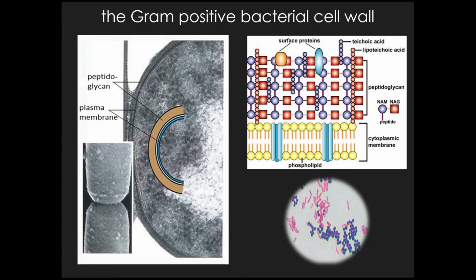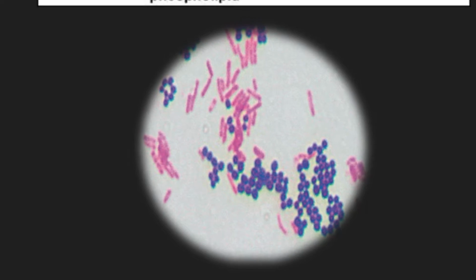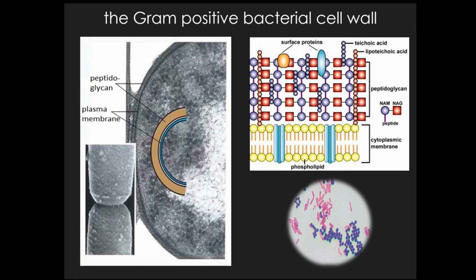But before we move on to that, I just want to reiterate, a gram-positive cell has a thick layer of peptidoglycan. The reason these cells are called gram-positive is because that thick peptidoglycan layer allows them to retain the primary stain, crystal violet, and stay purple throughout the staining process. Now, let's look at the alternative, very little peptidoglycan.